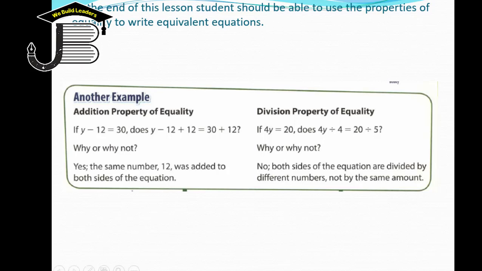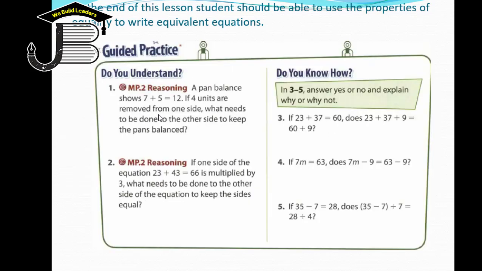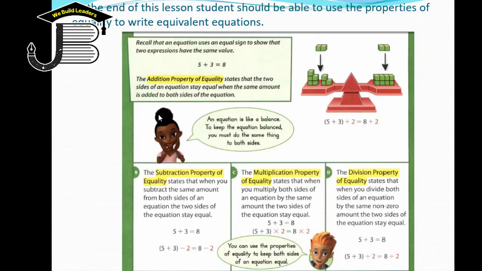Now here we have another example, an example of the addition property of equality. Let's summarize. The addition property of equality states that the two sides of the equation stay equal when the same amount is added to both sides of the equation.